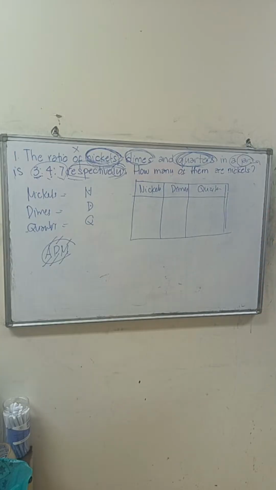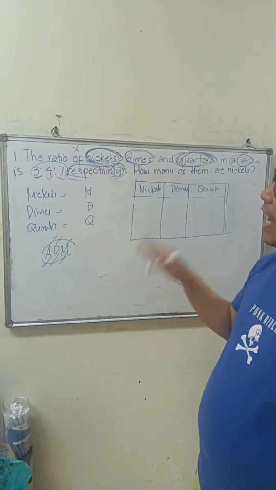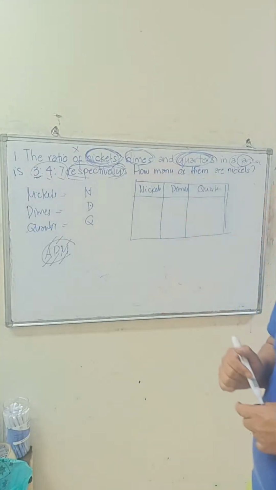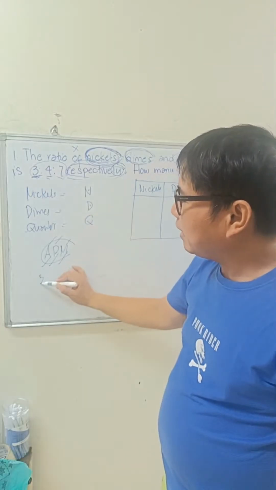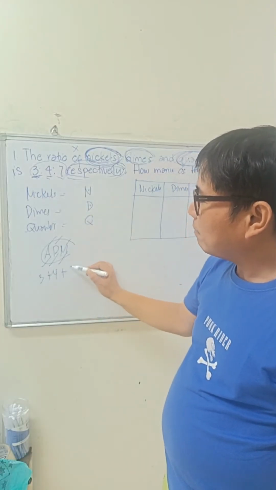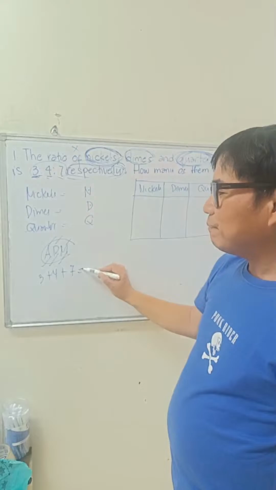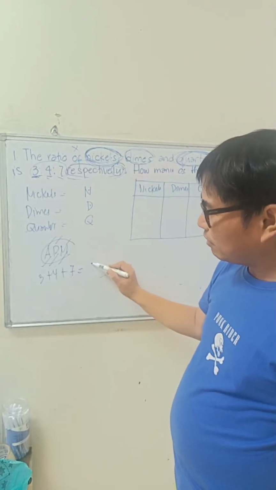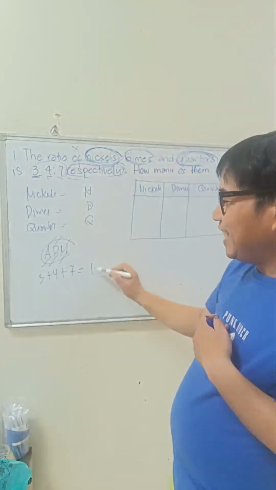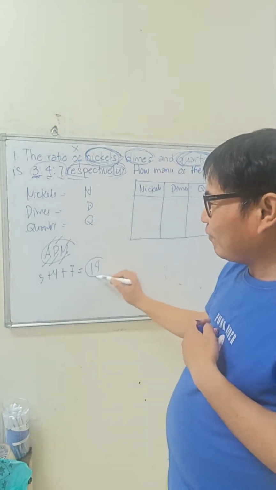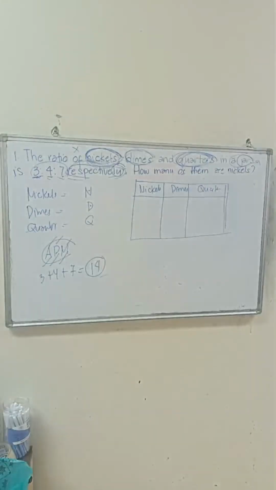First strategy, ADM: addition, division, and multiplication. So the first thing to do is to add these: 3 plus 4 plus 7, and that is 12. 12? No, 14. Total 14.